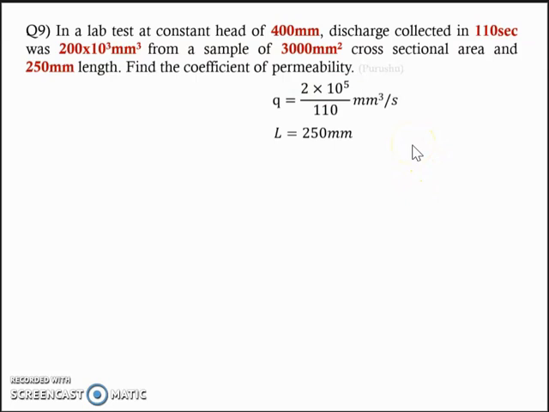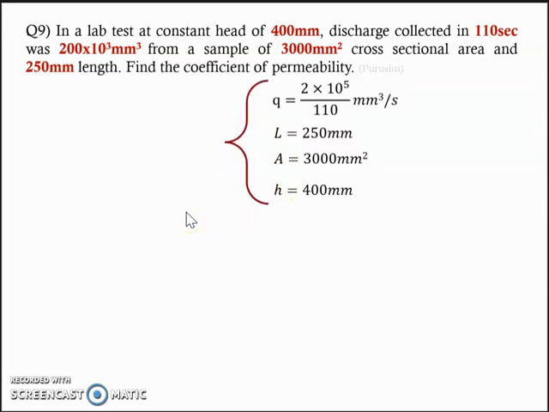The next data given is the length 250 millimeter and cross-sectional area 3000 millimeter square. The constant head value, or the head causing flow, is 400 millimeter. So you have Q, you have L, you have A, you have H.